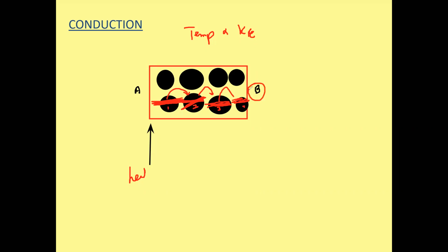This is how heat energy is transferred from one place to another by the vibration of the particles without the actual movement of the particles from one place to another. Particles are only vibrating, but they are not moving from one place to another.